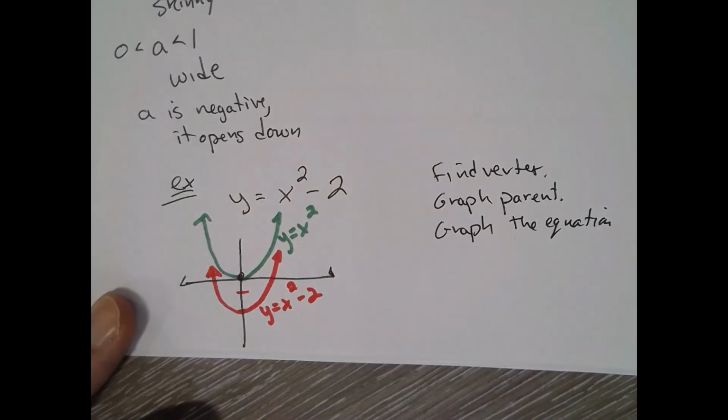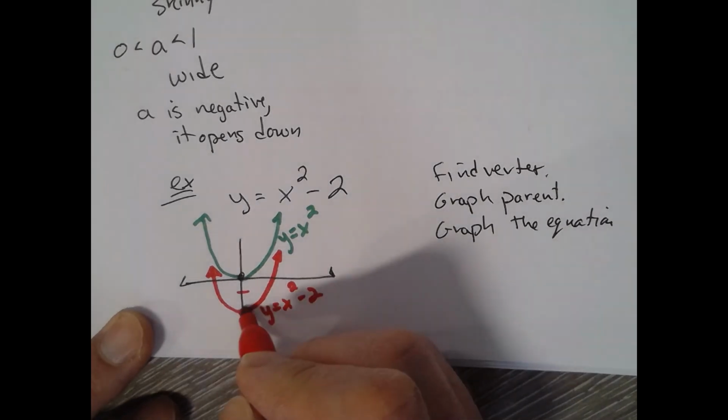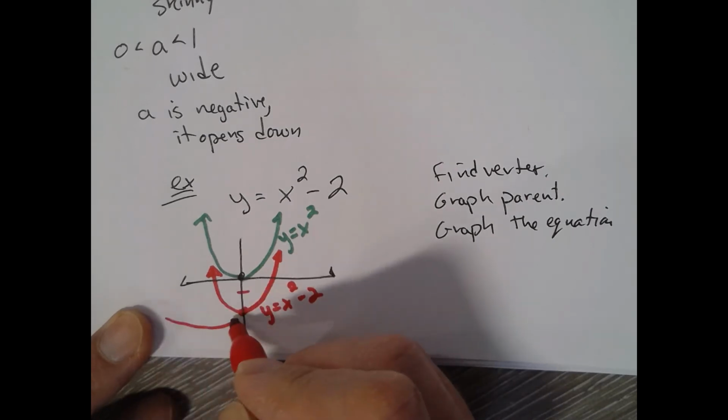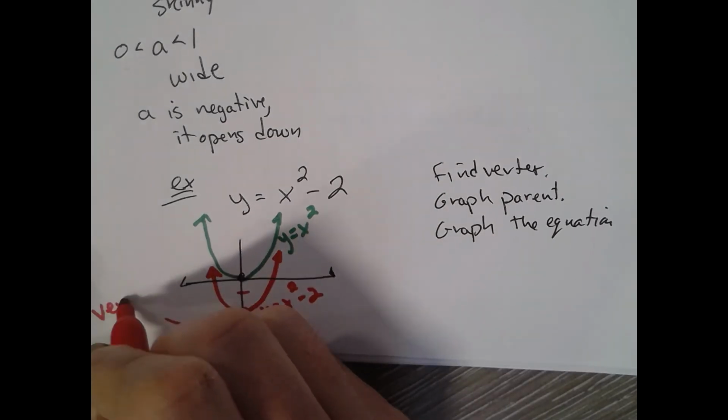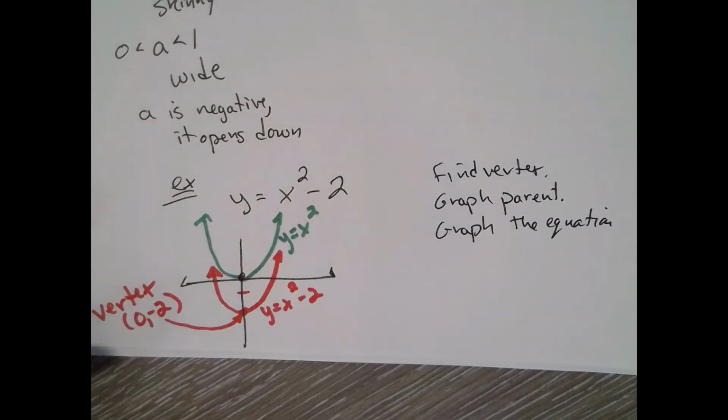So this is my vertex right there. My vertex would be 0, comma, -2. It's that point right there.